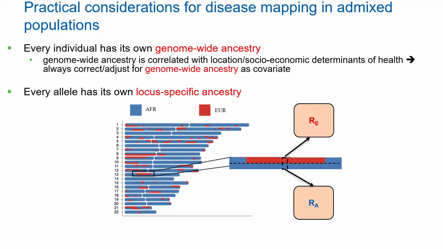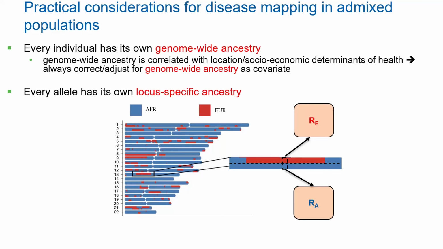So the first thing is we always need to correct for genome-wide ancestry, because genome-wide ancestry is correlated with social determinants of health. By correcting for it, we can remove that potential bias from our studies. And really the most interesting point here is that every potential causal allele appears on multiple backgrounds in populations of admixed ancestry.